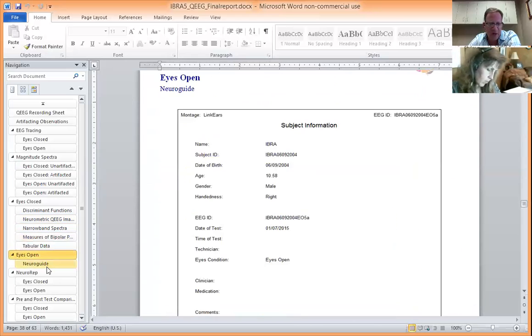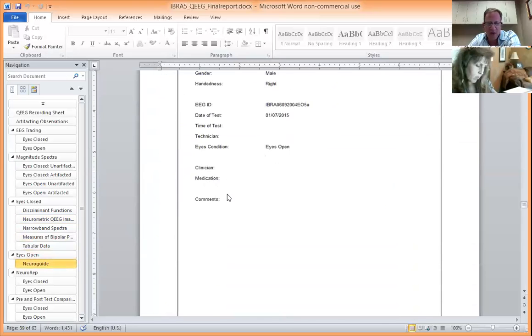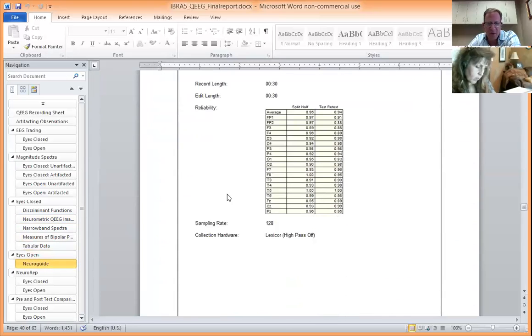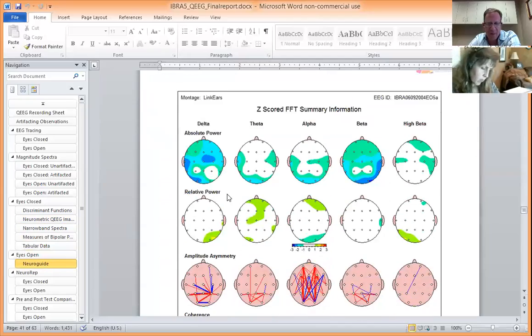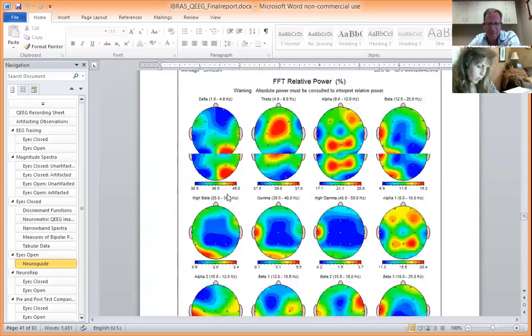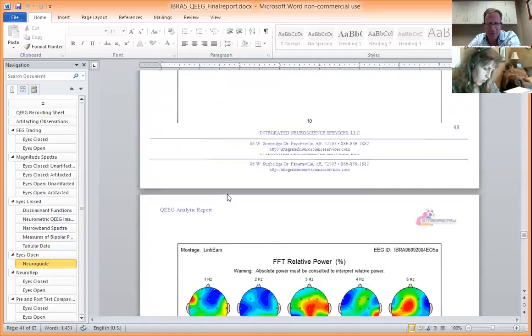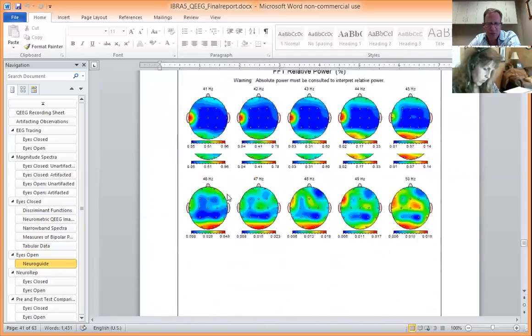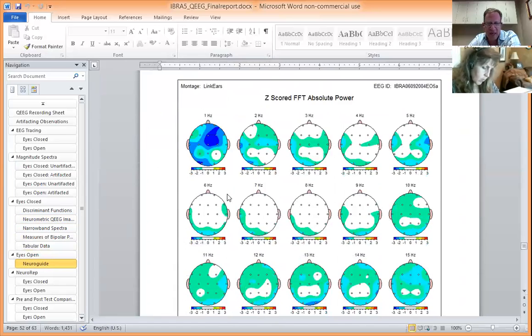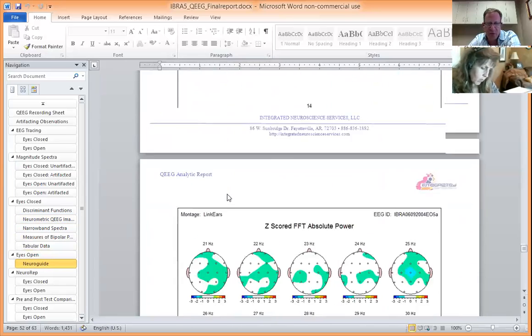And then if we go down to the eyes open data, again, absolute power is all normal.